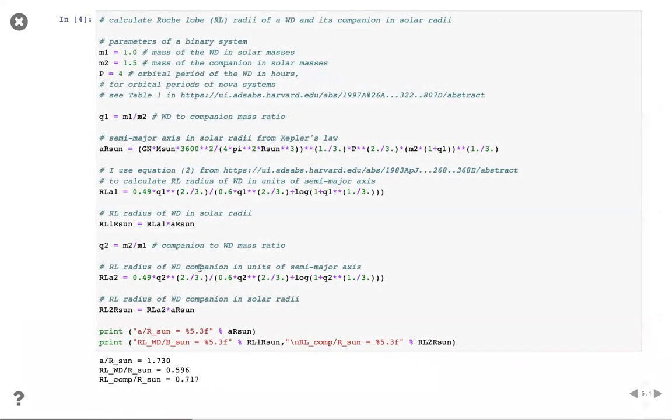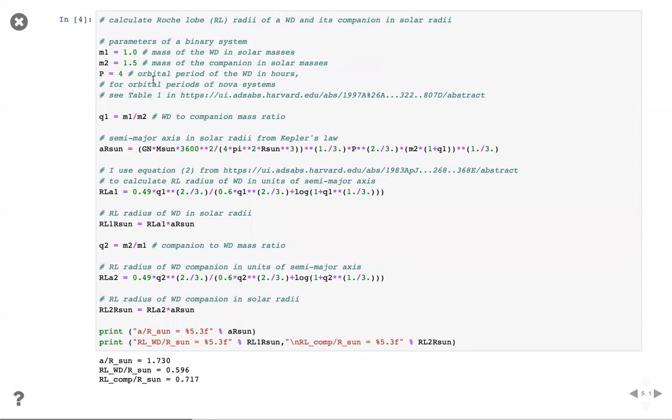The next cell calculates, as the comment says, the Roche lobe radius of a white dwarf and its companion in solar radii. You can try to execute this cell and change parameters. For instance, for the binary system I use 1 solar mass for the white dwarf and 1.5 solar masses for its hydrogen-rich main sequence companion.